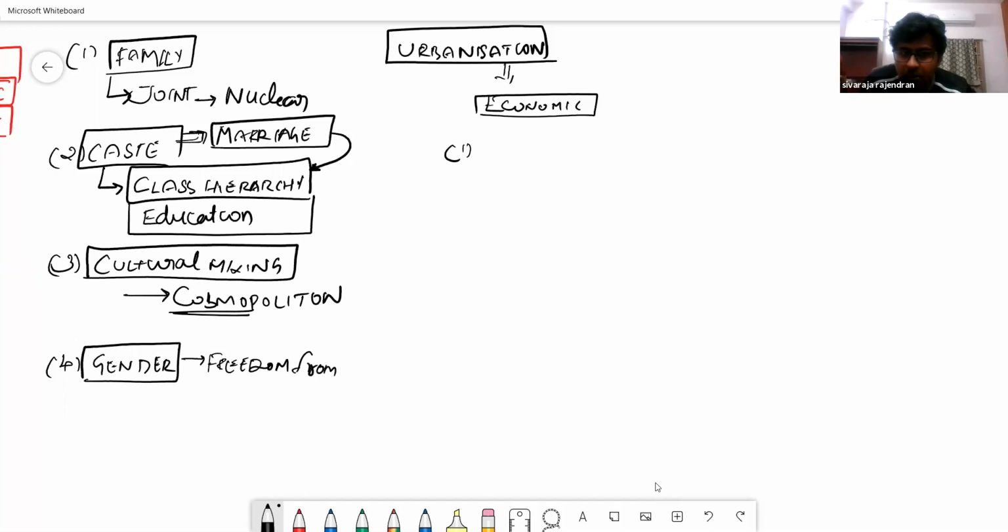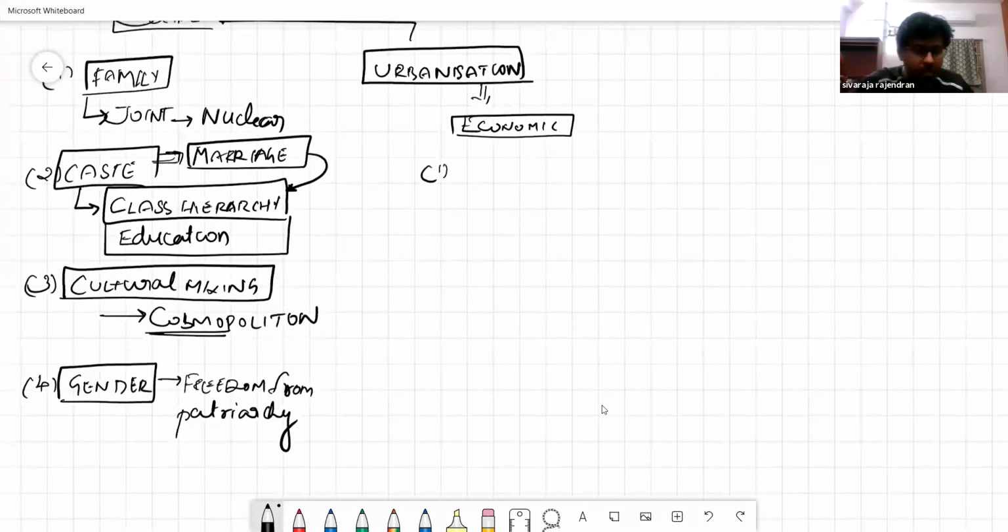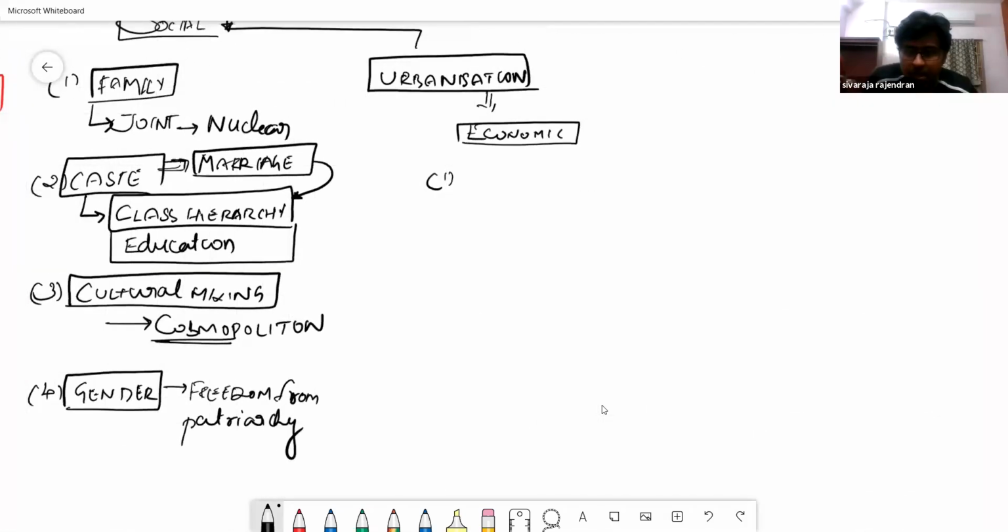We studied patriarchy so much. Women empowerment, very good. So in the case of economic impact, we can say that the gap between rich and poor is there, but in economic impact, if you see, write the first point.